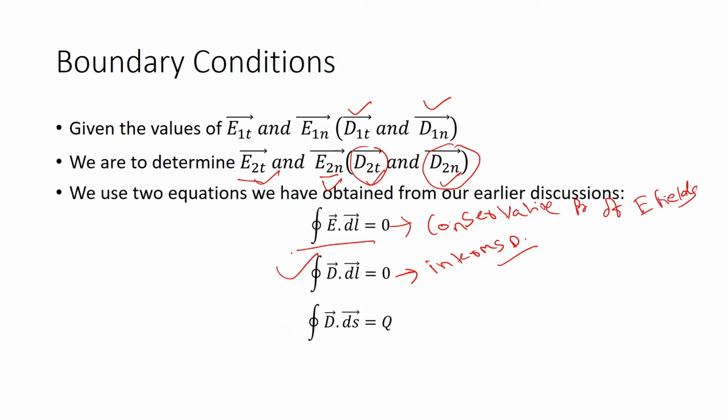Similarly, we have seen Gauss's law, that is, the number of electric flux lines leaving a closed surface is equal to the charge enclosed by the surface, right? Similarly, I can write the closed surface integral of E bar dot dS bar to be equal to Q by epsilon. This follows again the relation that D bar equals epsilon E bar.